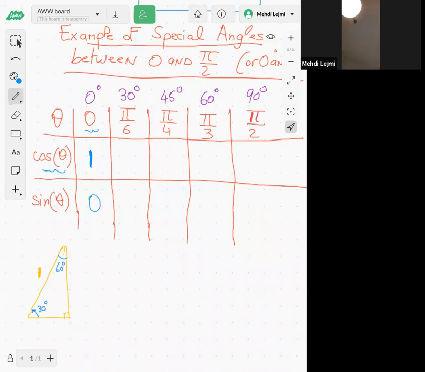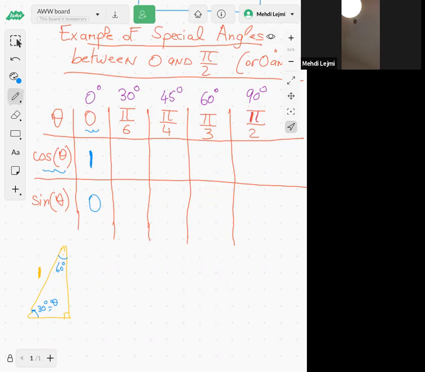Because remember, guys, the sum of the angles in the triangle is 180, right? So that's 30 plus 60 plus 90, that's 180, right?